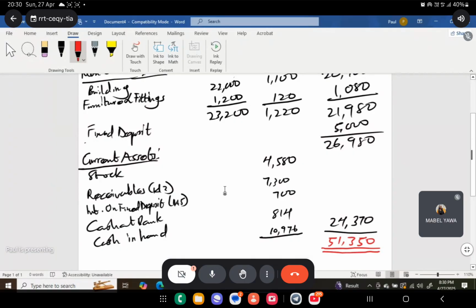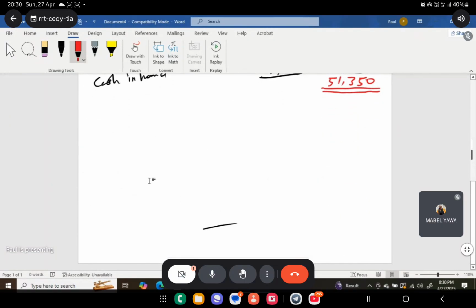Now, so when we are done with this, we go to the financing aspect. So we say financed by, and we know it is capital that we finance with.